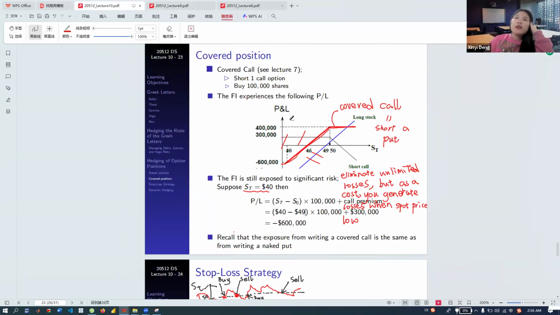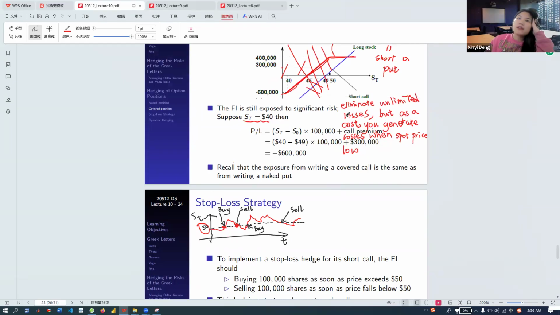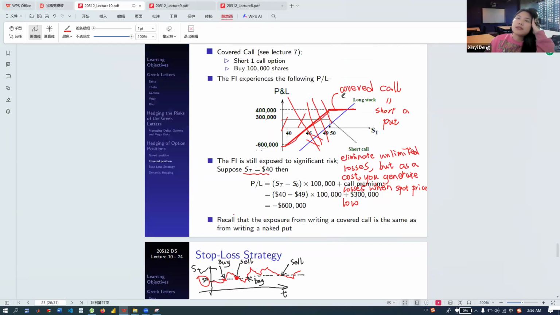If you just ignore the left hand side, on the right hand side what we are doing is buying the underlying as soon as the price exceeds 50.